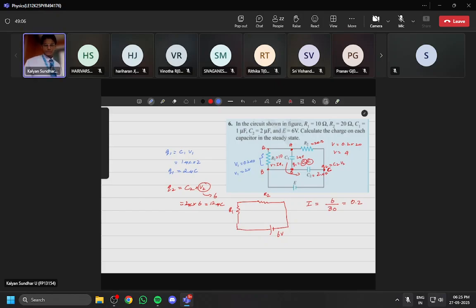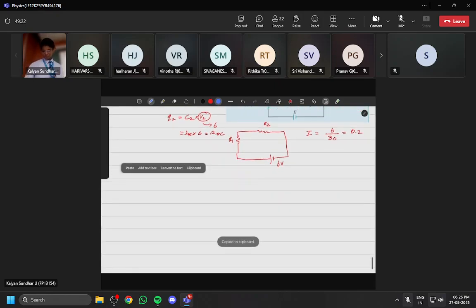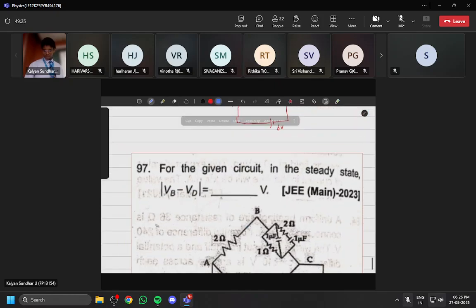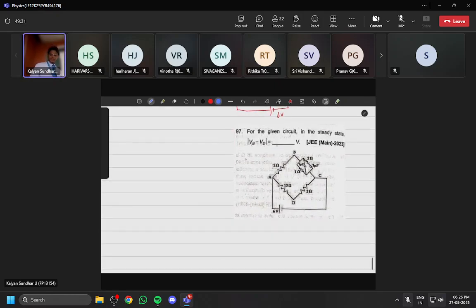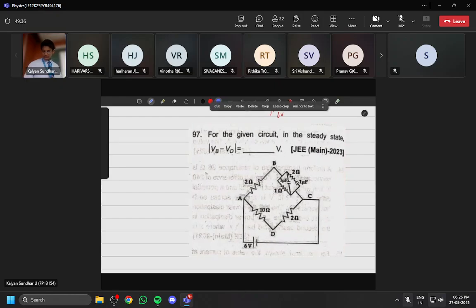Let me check any other question based upon this. For a given circuit in the steady state, VB minus VD will be equal to how much, they have asked. So there is 2 ohm, 10 ohm, and here a 1 microfarad capacitance, and in the joining branch there is another 1 microfarad.